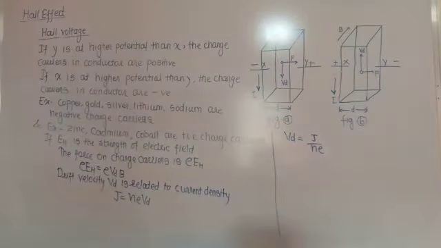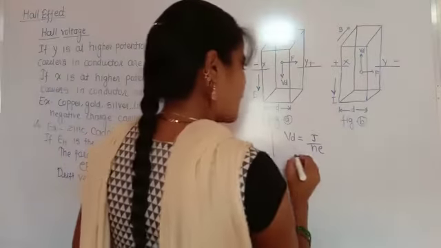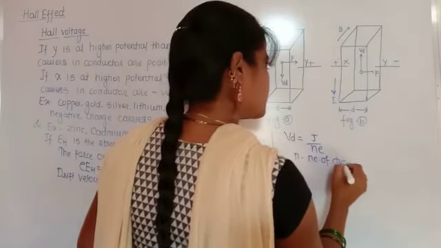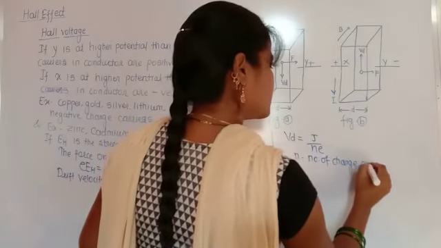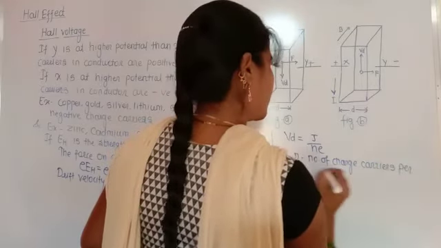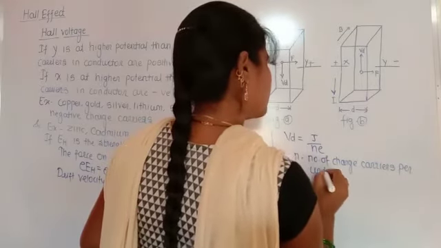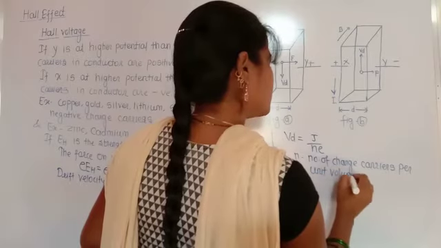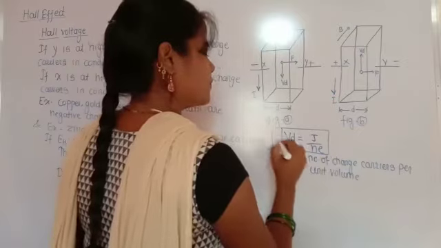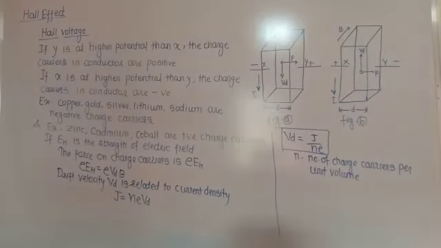So this is the drift velocity, where N is the number of charge carriers per unit volume. So by using this equation we can calculate the drift velocity Vd.